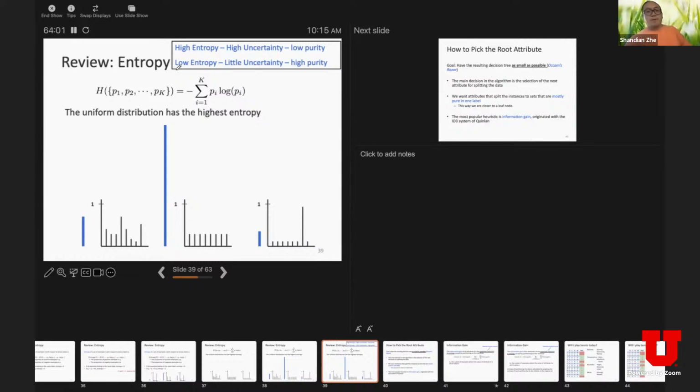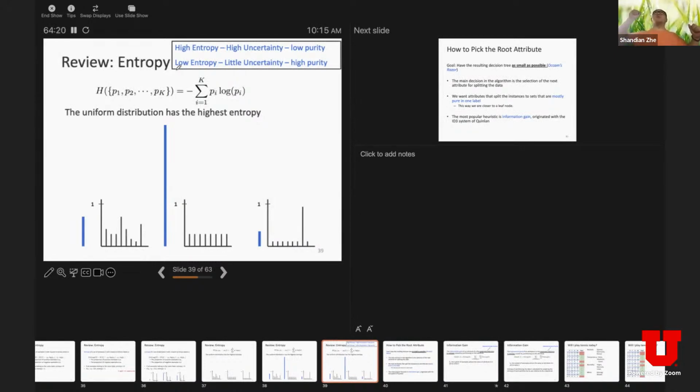On the contrary, low entropy means little uncertainty. Little uncertainty means that the labels in your data set are quite pure. Maybe 99% of the labels are positive, and only a small portion negative.